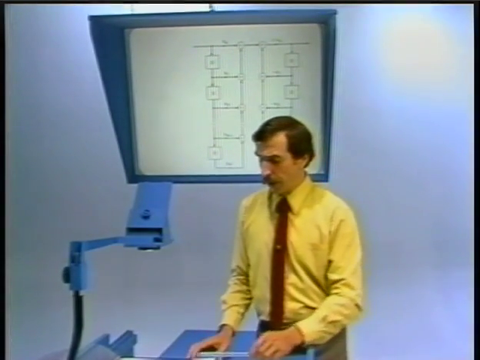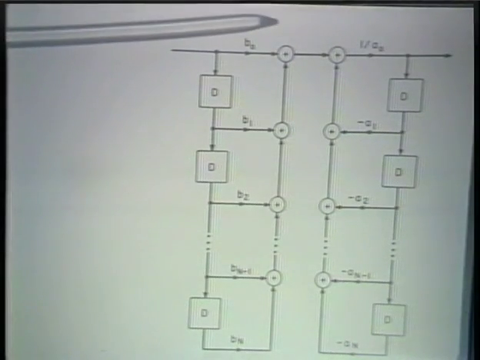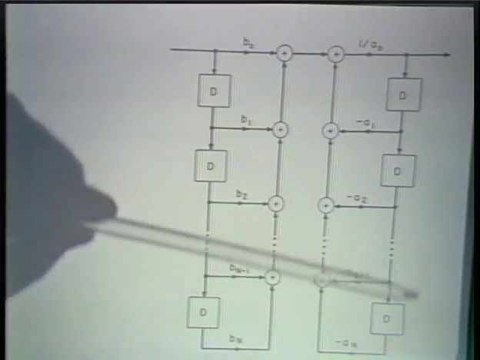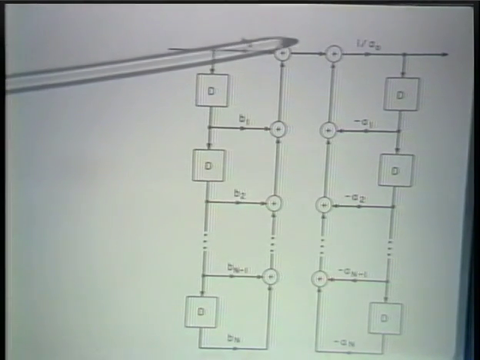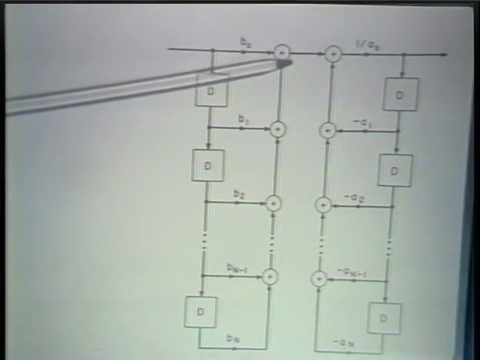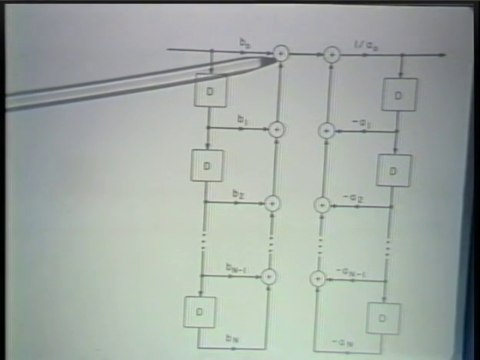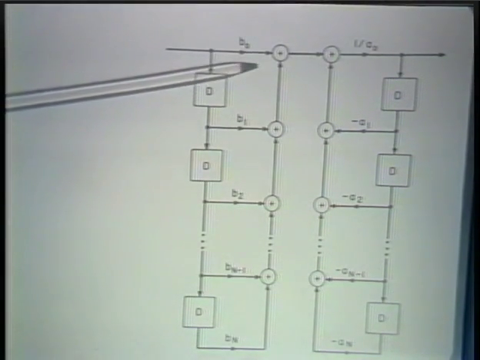So here, once again, I have the same block diagram that we just saw, and I can recognize, for example, that this, in essence, corresponds to two linear time-invariant systems in cascade.